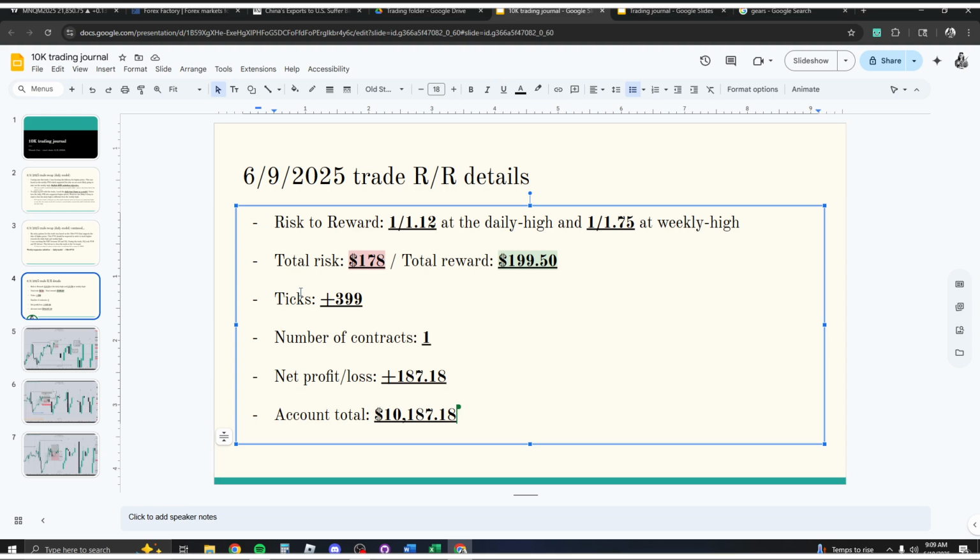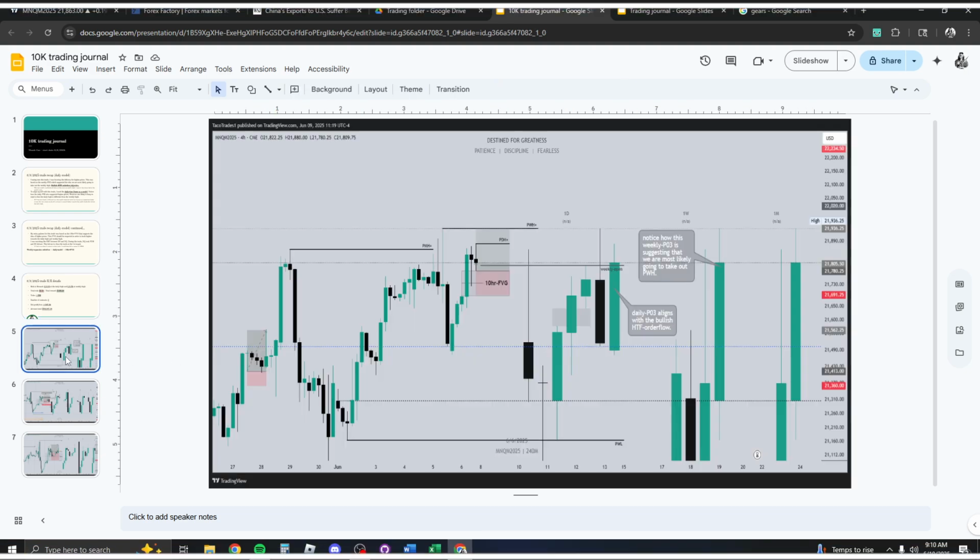The total number of ticks, or I guess you would say points in this case, the total number of points that I was able to capture was, no, it's ticks, was 399. And number of contracts, 1. Net profit of this entire setup was 187 and 18 cents, and that's the total account balance right now.